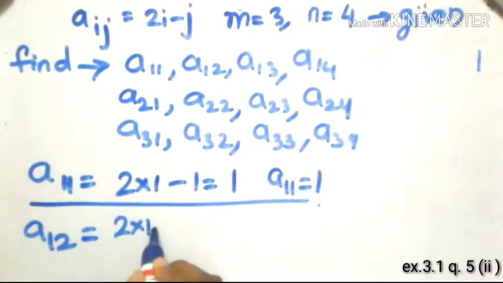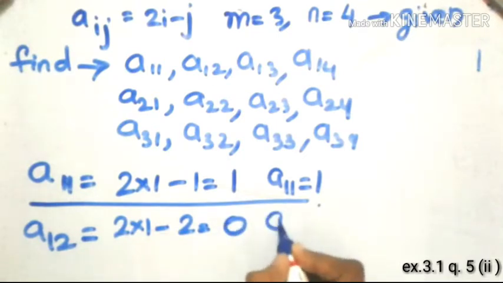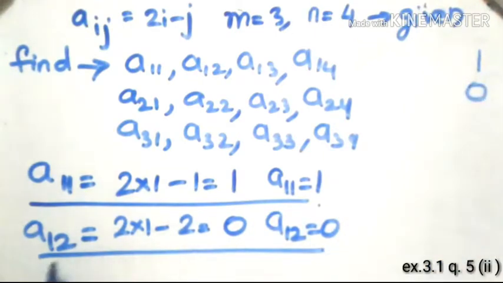So again 2 into 1 minus 2, which is 2 minus 2, 0. So A12 is 0. A13 will be 2i minus j once again. So it is 2 into 1 minus 3. 2 minus 3 is minus 1. So A13 is minus 1.